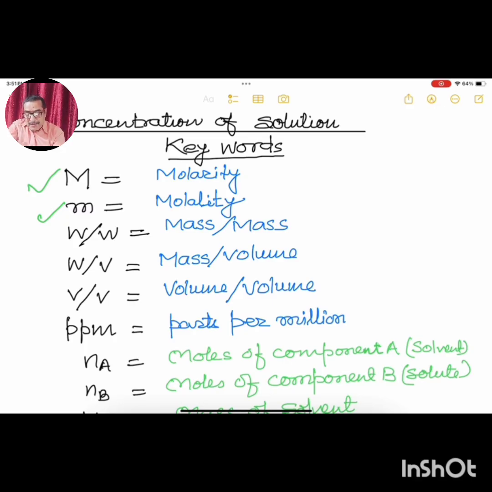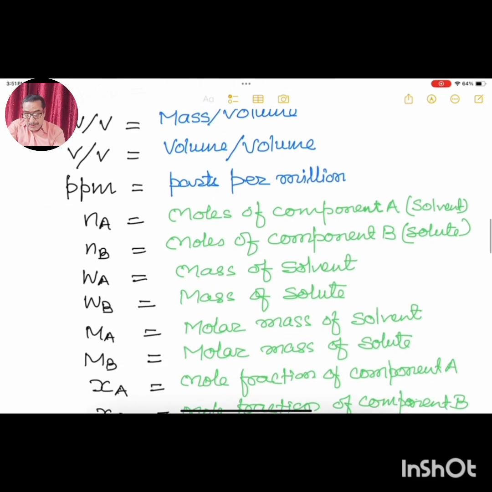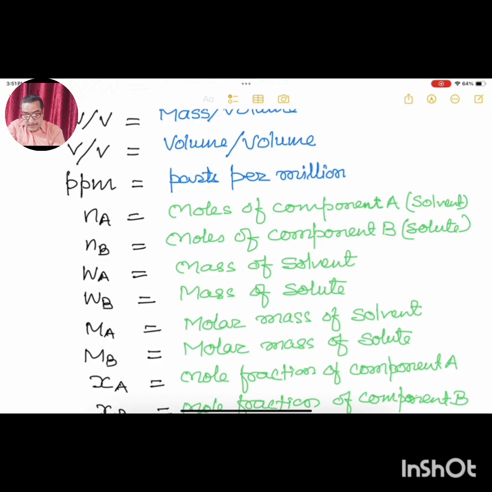If the question is written W by W, it clearly indicates mass of the solute and mass of the solution. W by V, mass of the solute divided by the volume of the solution. V by V is the volume of the solute and volume of the solution. ppm, it's parts per million.